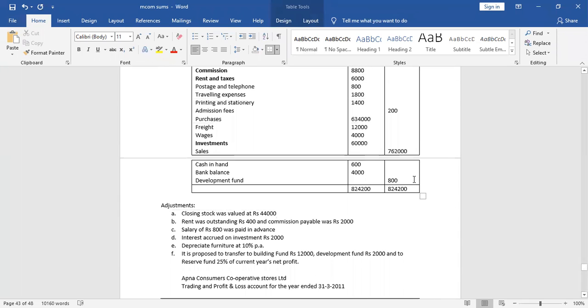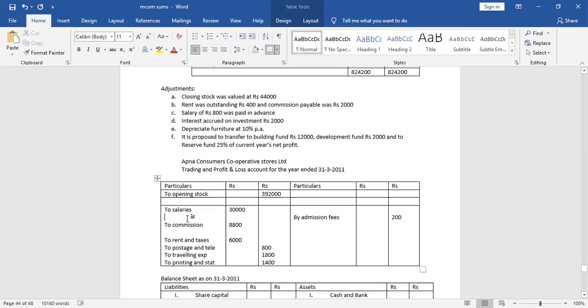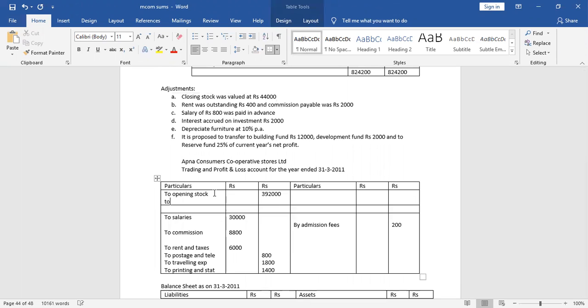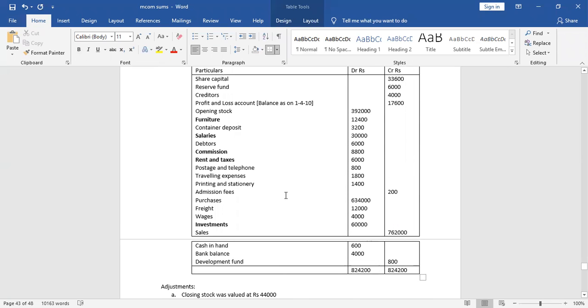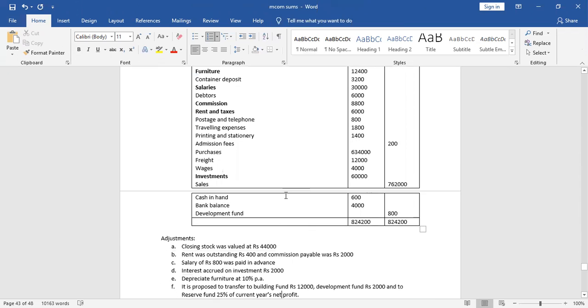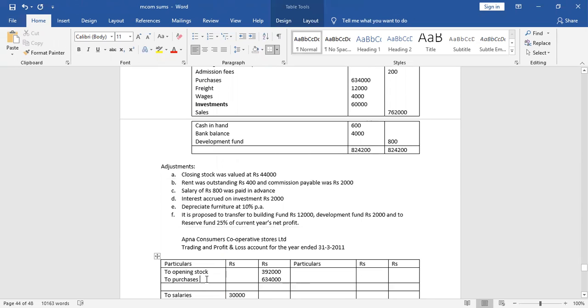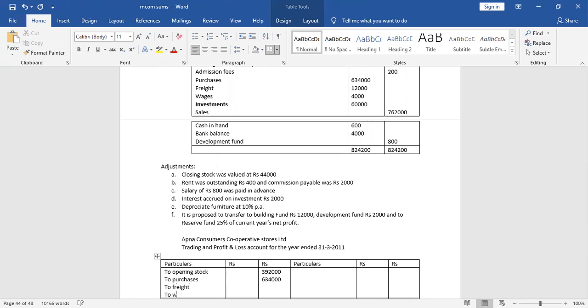What is given? Purchases 6,34,000. What else we have after purchases? Freight 12,000, wages 4,000. To freight, to wages, 12,000, 4,000. This is very easy, correct?